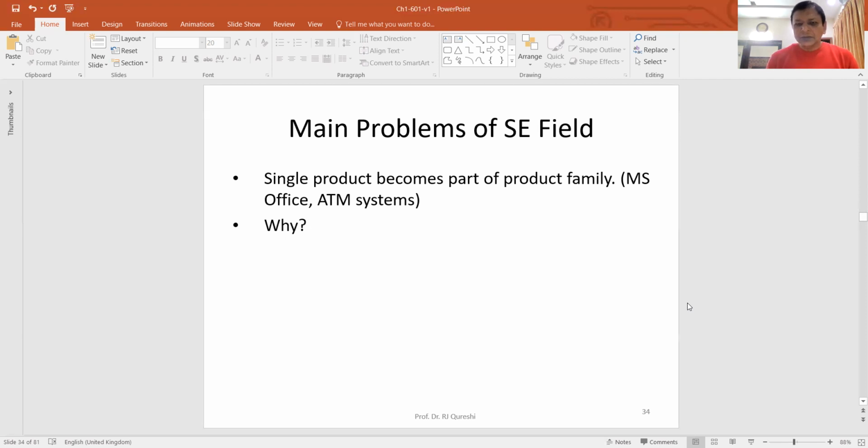Like customers are demanding ERP systems and they have traditional systems in COBOL, Pascal, Fortran, C, Java, PHP. And once they purchase SAP, it has to integrate with the existing systems. It has to become one of the family members of the customers' existing systems.